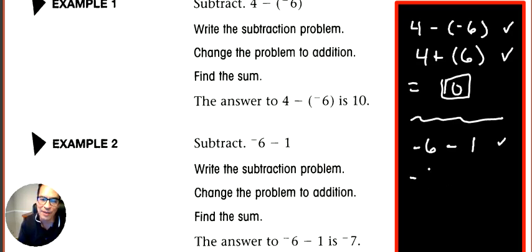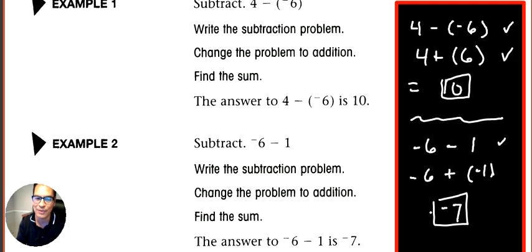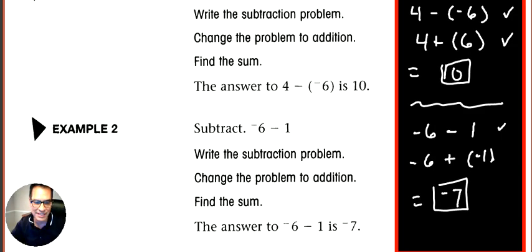So when we do that, we have -6 plus -1, because now we're doing the opposite of that 1, which is -1. Now, when we find the sum, we're going to add -6 plus -1. That's 6 plus 1. Both of those have the same sign, so we end up with -7. -6 plus -1 equals -7.